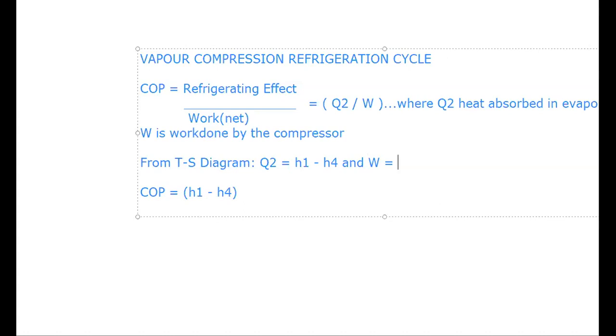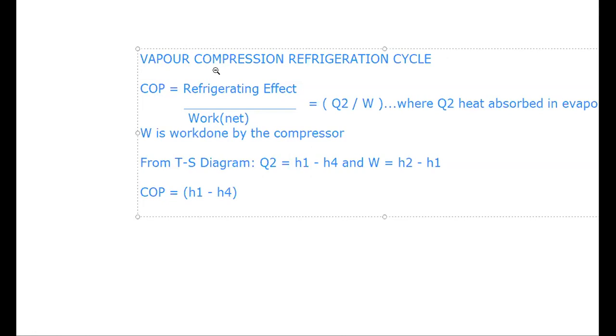H2 minus H1. Why? Because if you see the diagram once again, where we are spending the work is in the compression process, that is process 1 to 2. The compressor is taking some external work in order to compress the vapor refrigerant. So that external work is consumed in process 1 to 2.